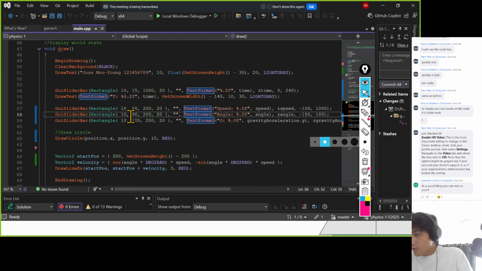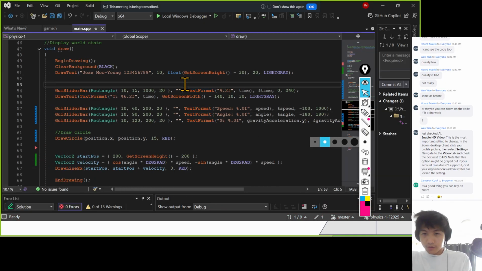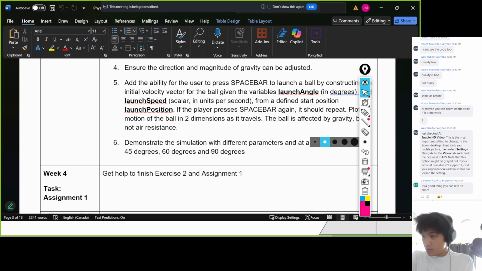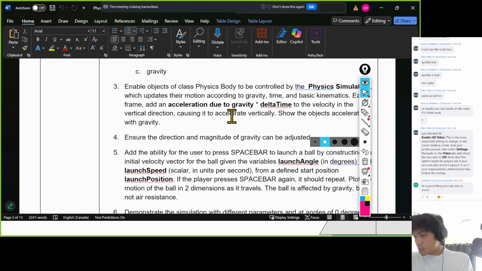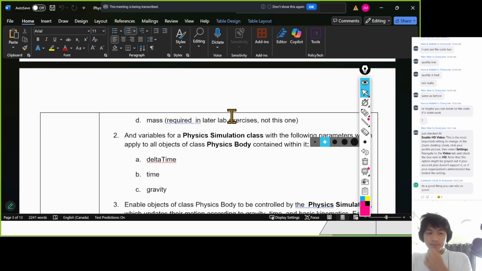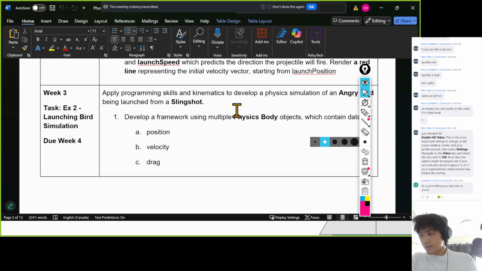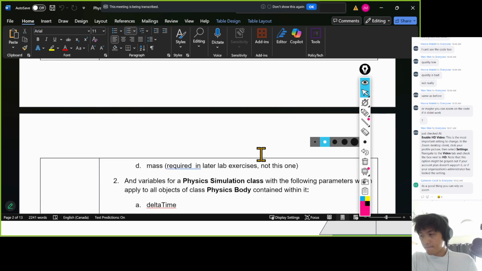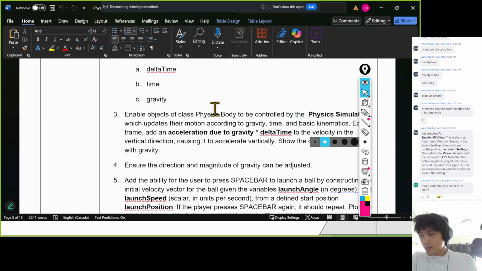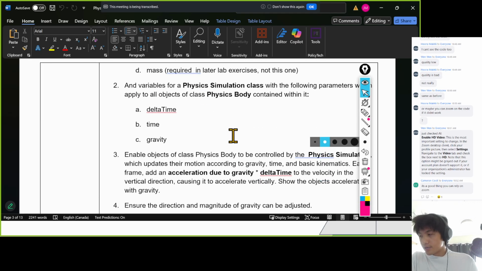So that's it for now. This is not a complete solution to that lab exercise. It is asking you to use object-oriented programming, essentially, to create some kind of thing that allows you to have multiple physics bodies. So maybe make a class for this. The class could hold these data instead of it just living in global space.